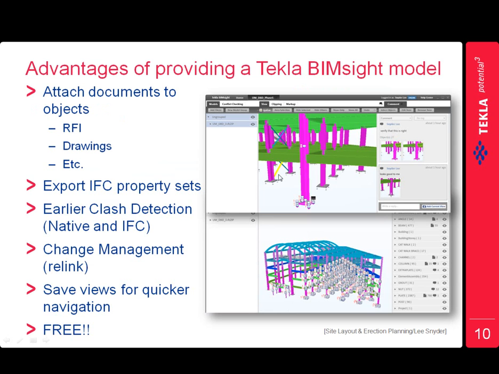Just to highlight a couple of the advantages of using Tekla BIMsight on a project and using an actual model is that you do have the ability to attach documents to objects within the model. RFIs, Excel reports, Word documents, PDFs for the actual drawings can all be linked there.